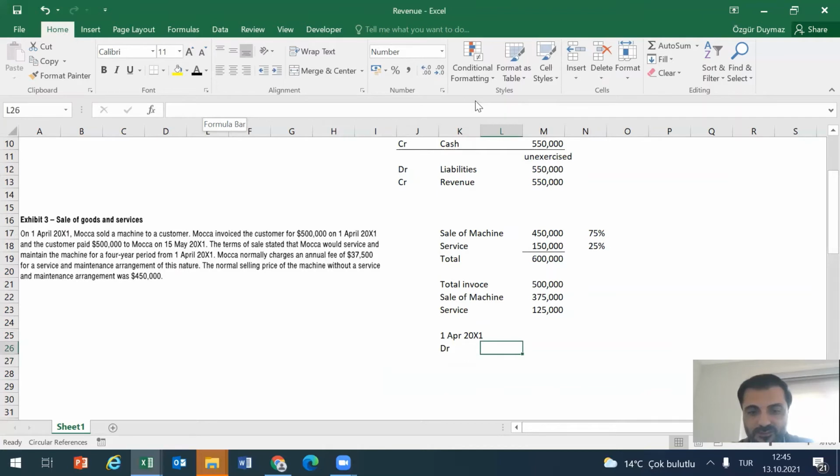Let's say trade receivable, because let's do it on 15 May.